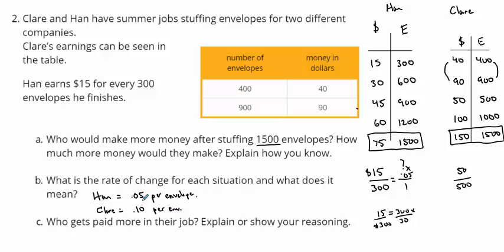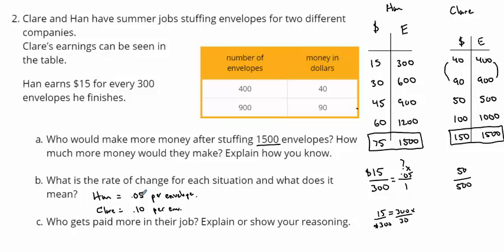So we can see here that Claire makes twice as much as Han, right? And we can go back to the table over here and we can see that for 1,500 envelopes, Claire makes twice as much. 75 times 2 is 150. So Claire makes twice as much per envelope.